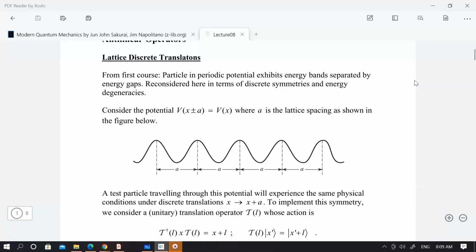So we are actually going into the topic of lattice discrete translations, and essentially this is covered in my set of notes for the first course. In the first course, by right, one should be solving the Schrodinger equation using some periodic potential with certain assumptions.